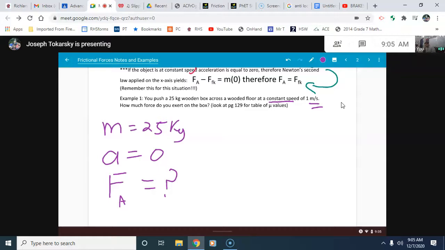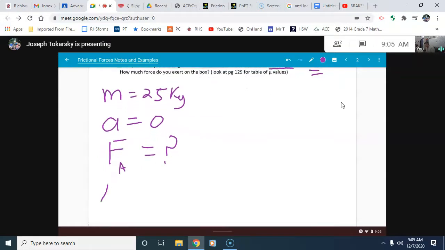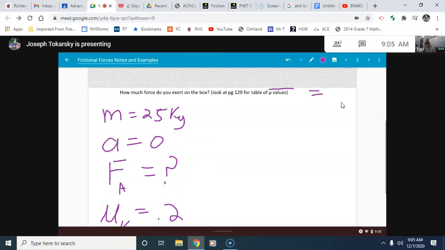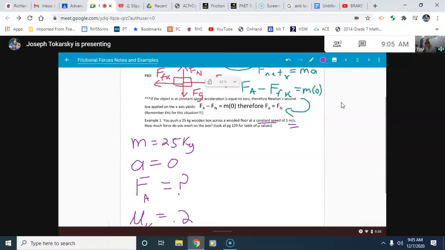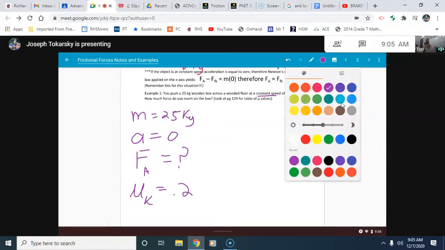All right, so we know we're in sliding kinetic conditions. So when I look up wood on wood, I need to make sure I use the mu kinetic, not the mu static. And the mu k for wood on wood is 0.2. All right, so there's all our givens. And how we set this up is like I set up the formula above, but I'm going to reset it up.